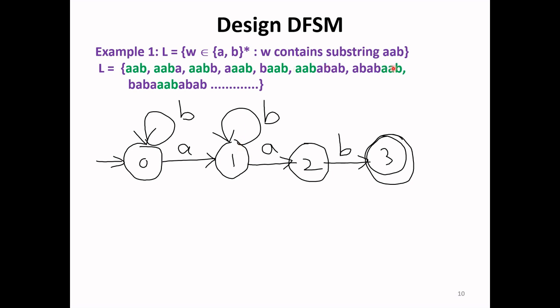It will not have the substring AAB; it will have A, B, A, B. But we want one compulsory substring AAB in this machine. So this self loop I can't take here. So next, what to do?